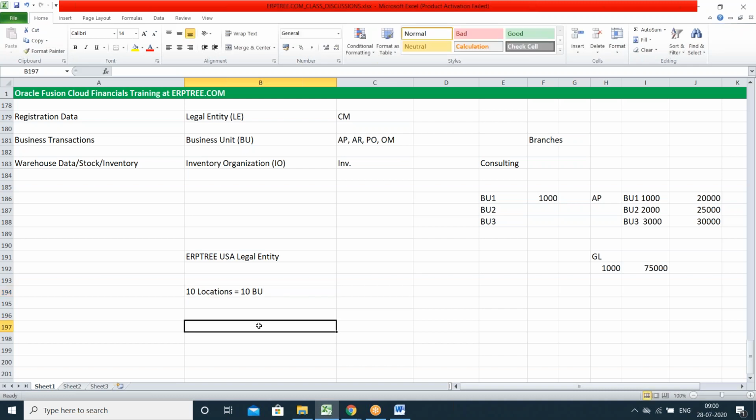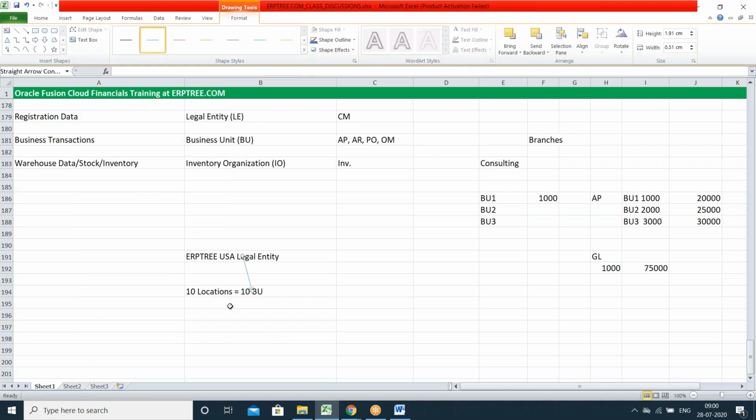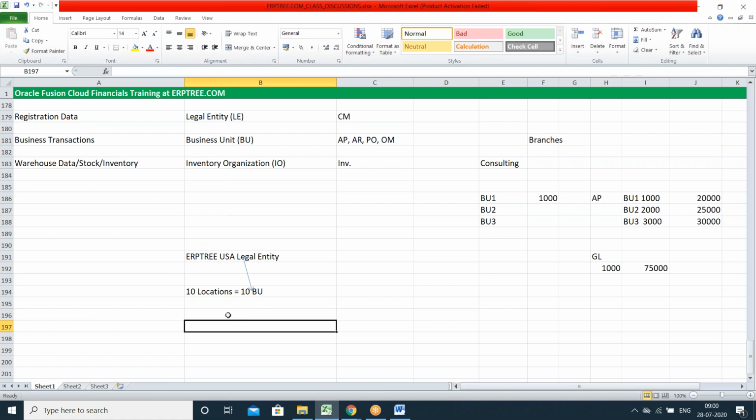For the 10 business units, you will assign the same legal entity. When you record a transaction with BU1, that needs to be reported to this legal entity. When you record a transaction to BU2, that needs to be reported to the same legal entity. That means under which registration you are running that business unit, you have to specify in the system. That we'll see when we are doing the setups, but just for information.